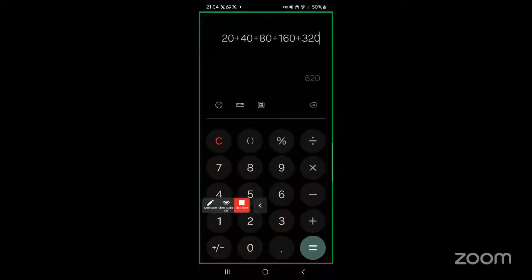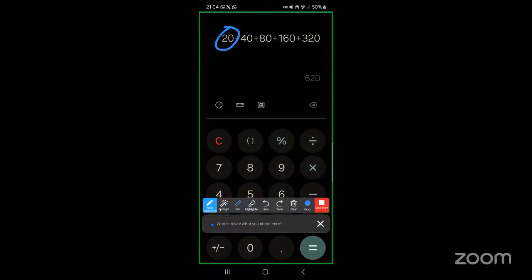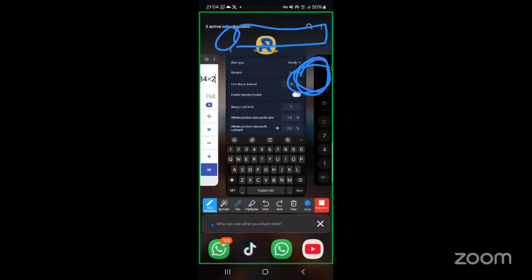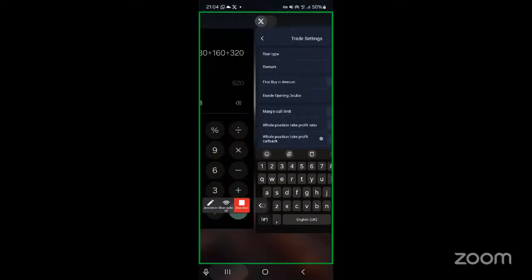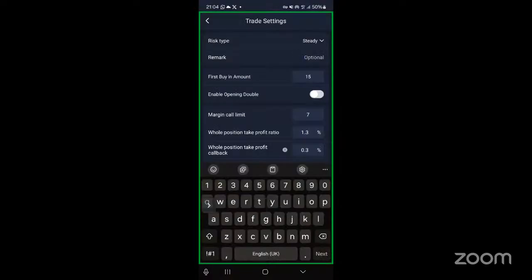So it means I can do a first buying amount of 20 with capital of 620, and I will buy 4 margin calls. So I'll come here. Capital is 620. So I put C 620.